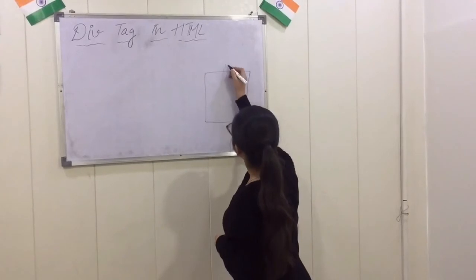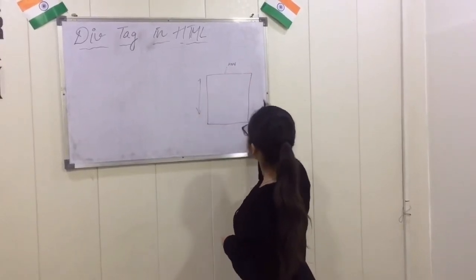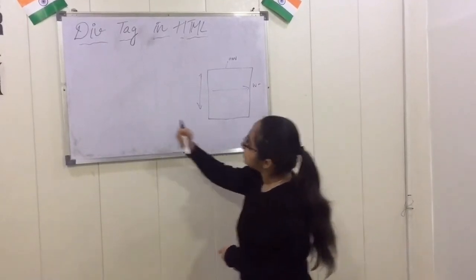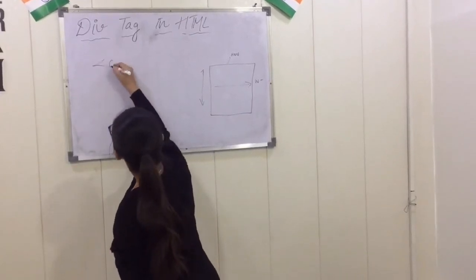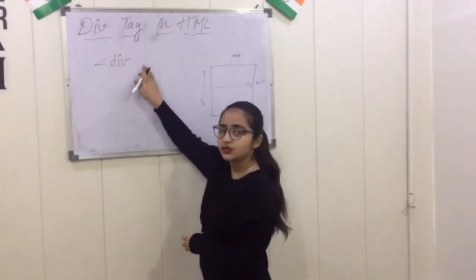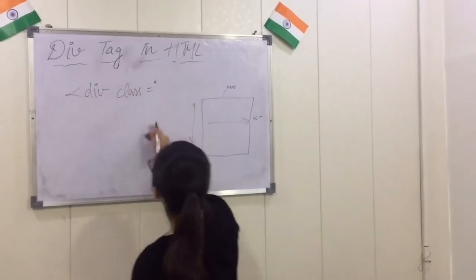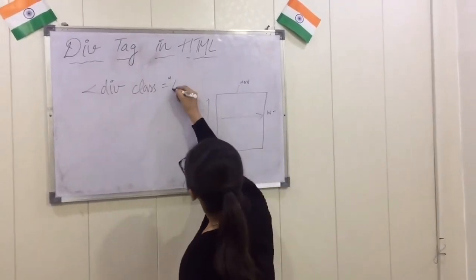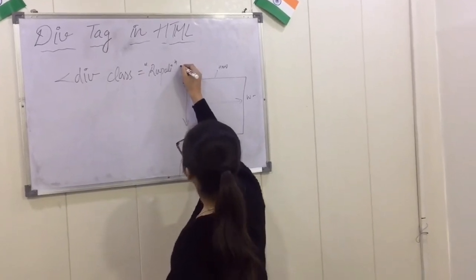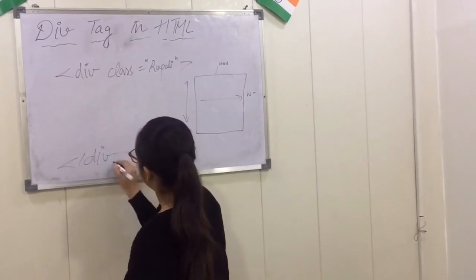Suppose we have to fix the height and the width. The syntax of the div will be like this: the div tag starts, and in this we will pass some class or ID. Suppose we are taking class equals to a value, say Rupali, in double quotes, and then the div tag closes.